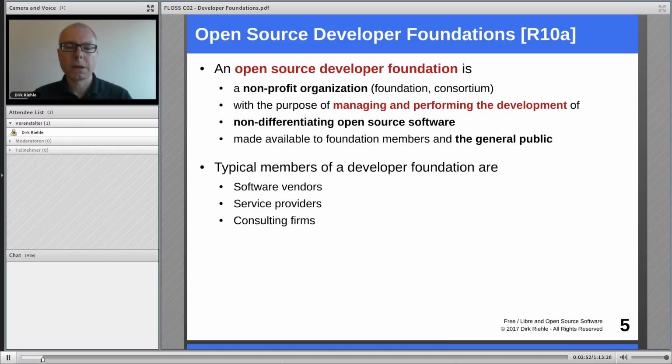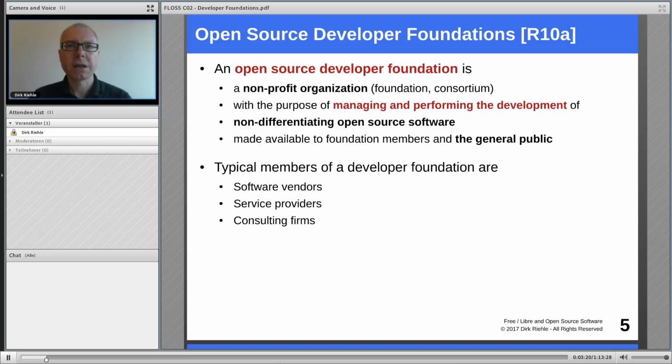So then, here's my definition. An open source developer foundation is a non-profit organization, call it a foundation or a consortium, depends, with the purpose of managing the development of non-differentiating open source software. So the task of such a non-profit foundation is to manage and develop the software.